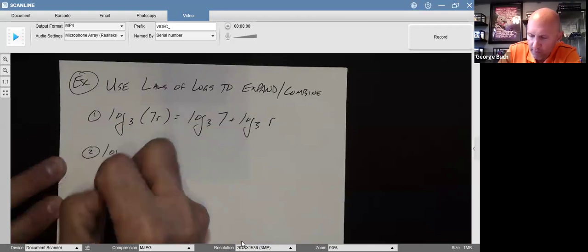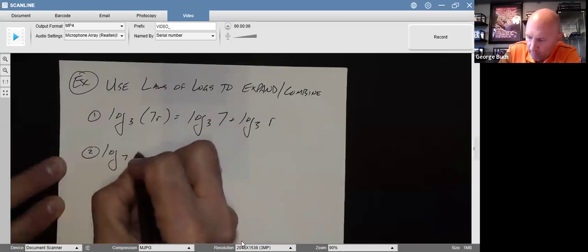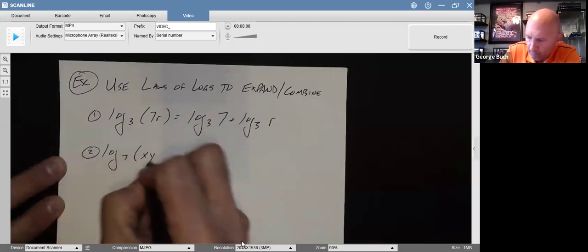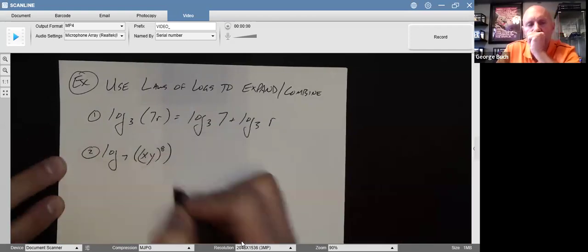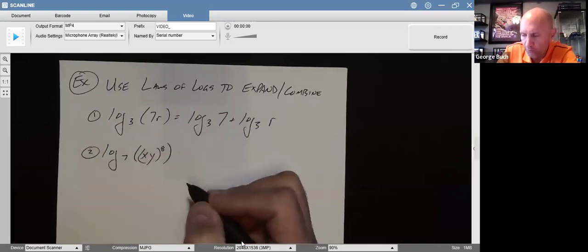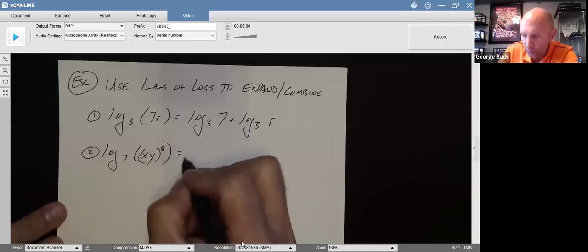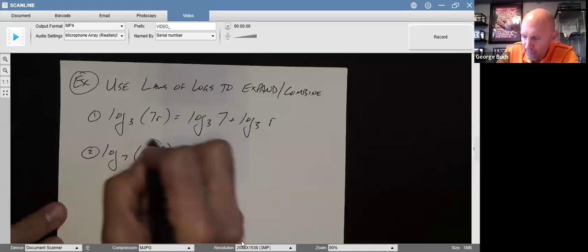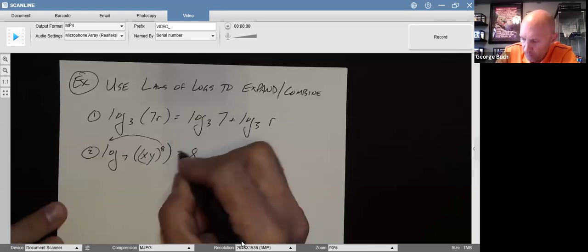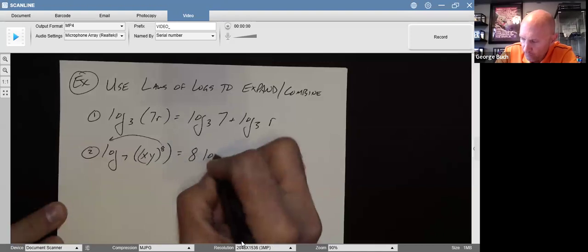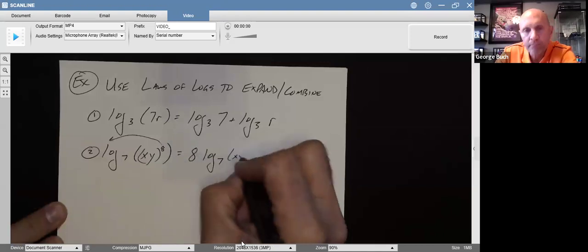What if I have log base 7 of xy to the 8th power? All right, so first thing we're going to do is use our third law and move this 8 out into the front. So this really means the same thing as 8 times log base 7 of x times y.